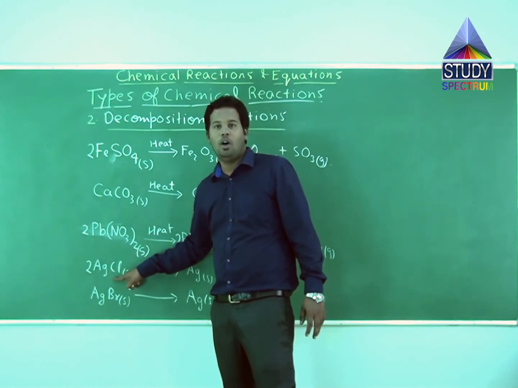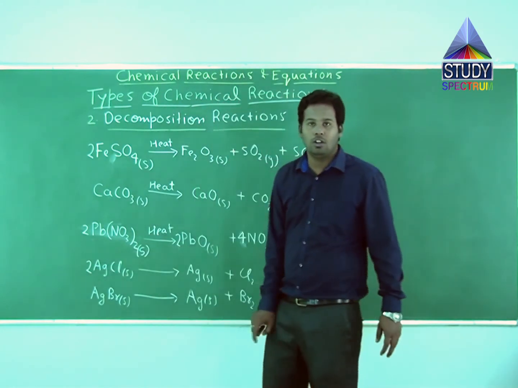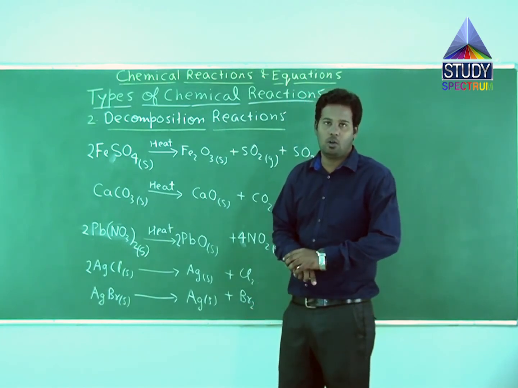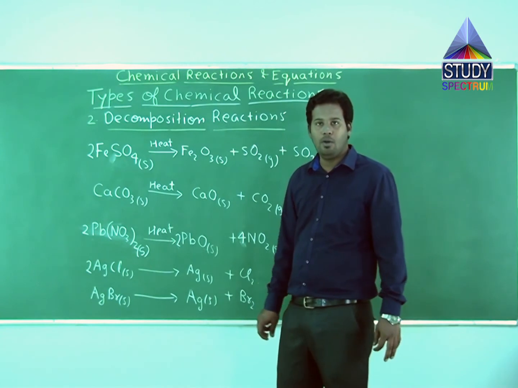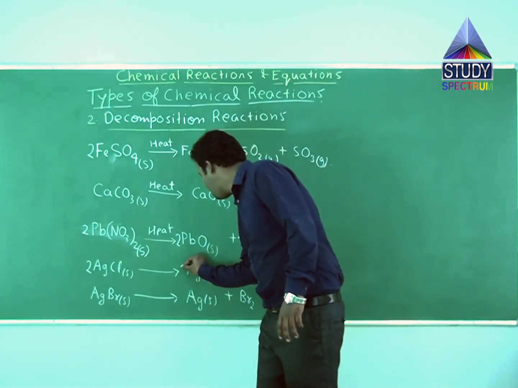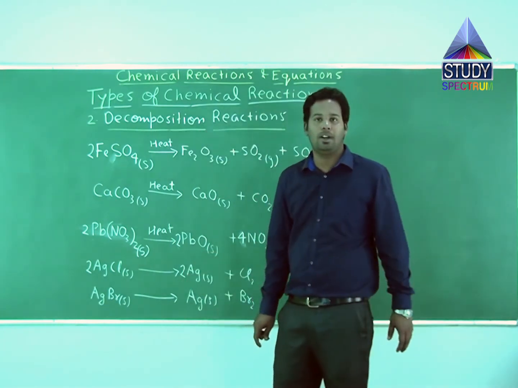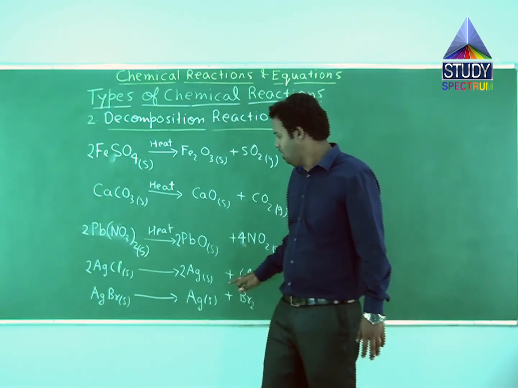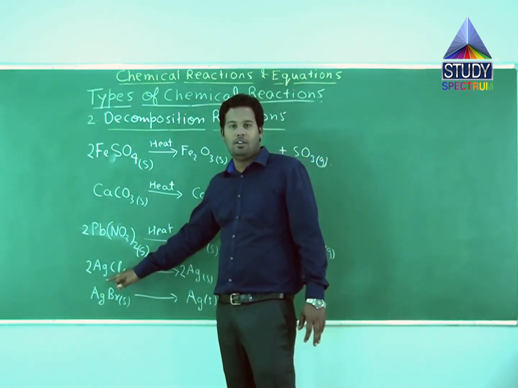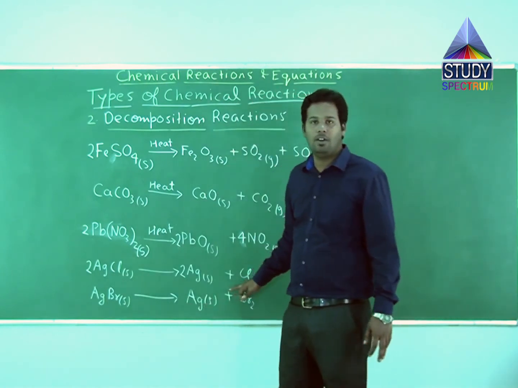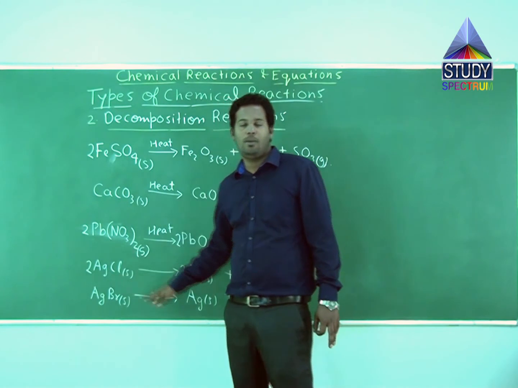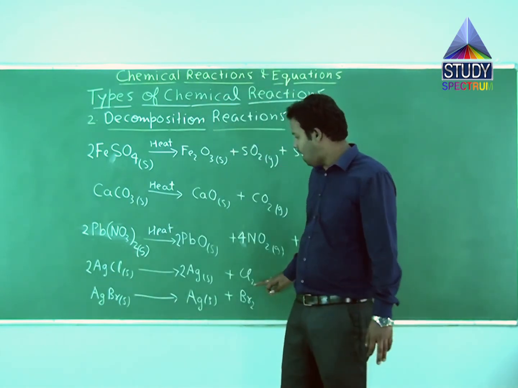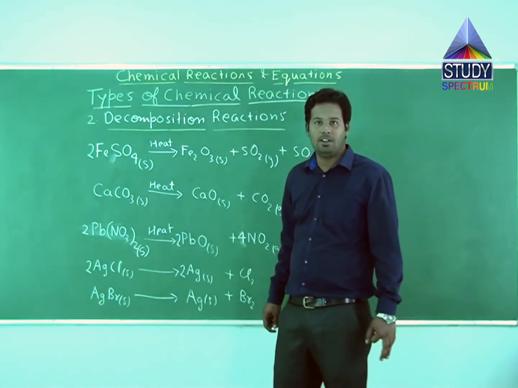So 2 into 1 of silver will be 2. The number of atoms of silver in RHS is still 1. So if I place 2 over here, the number of atoms of silver will now become 2 in RHS also. Silver in LHS 2, silver in RHS 2. Chlorine in LHS 2, chlorine in RHS also 2. So the reaction is balanced.